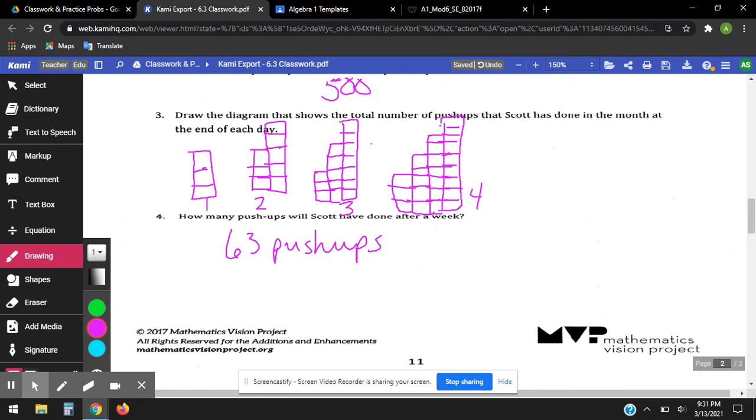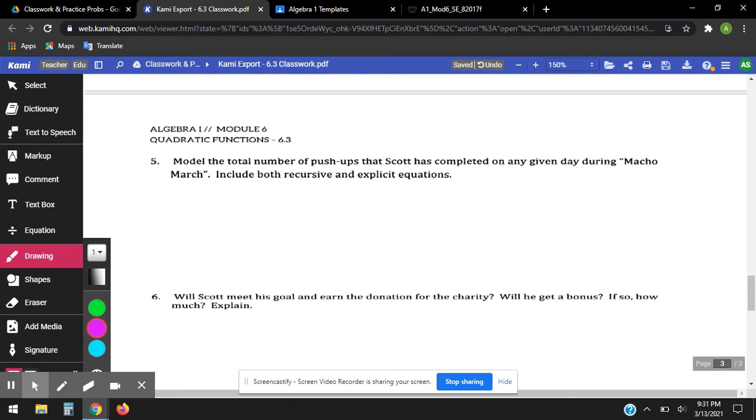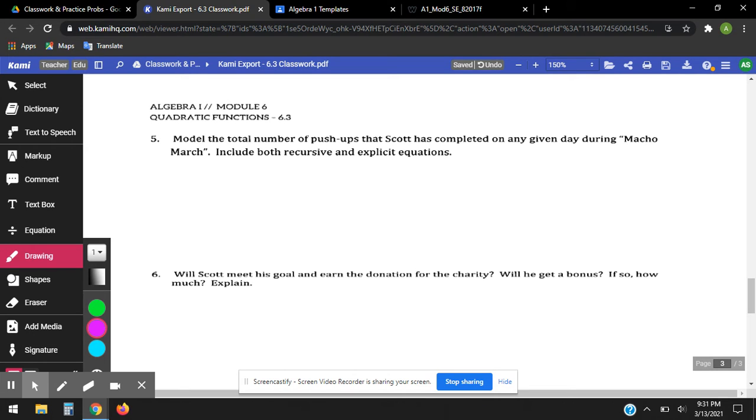So that's using a recursive formula, right? We kind of just kept going with our pattern on that. So if I were to do the recursive, f of 1 was 3, but then f of n equaled 2n plus 1, right?